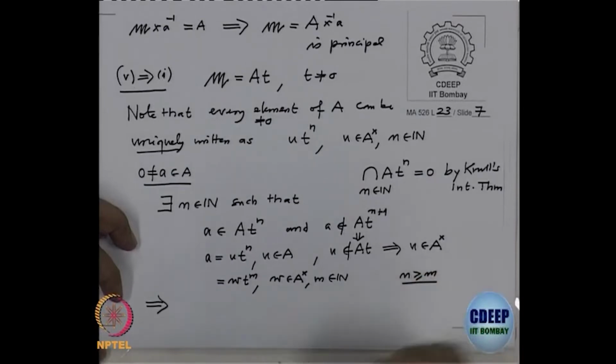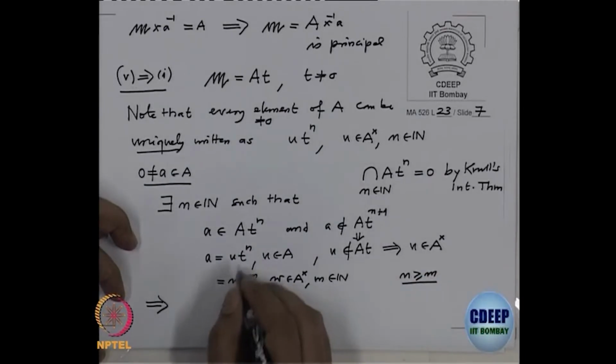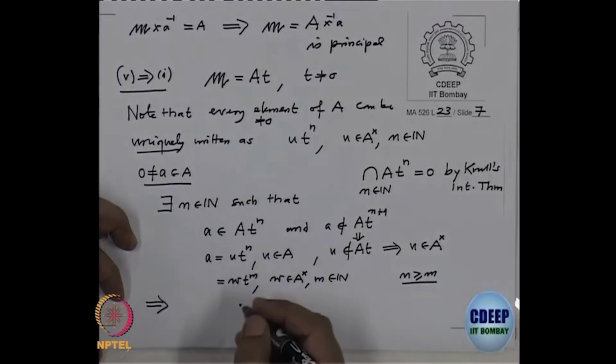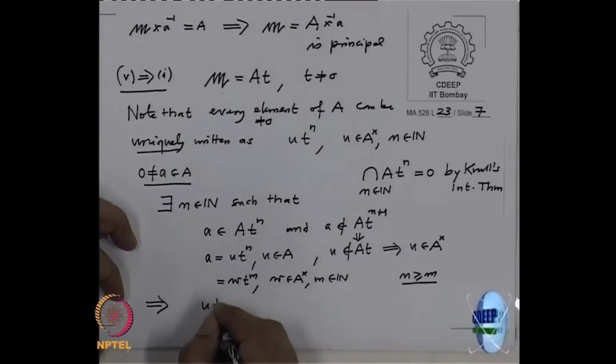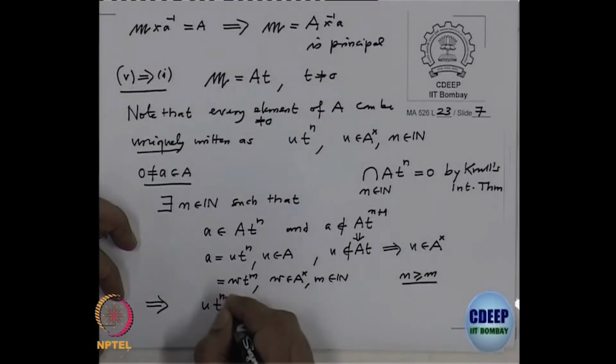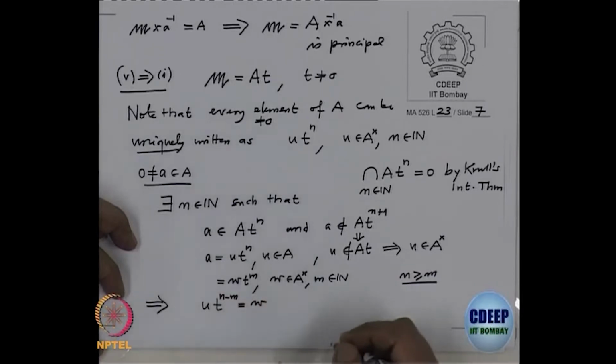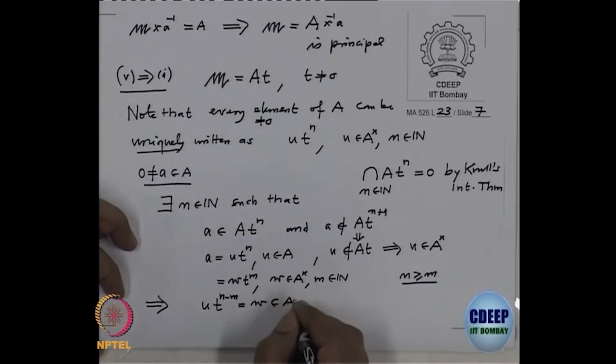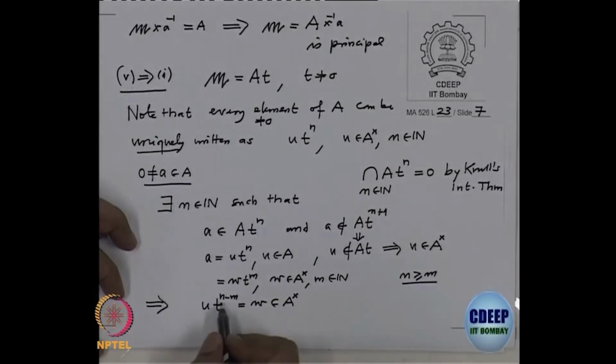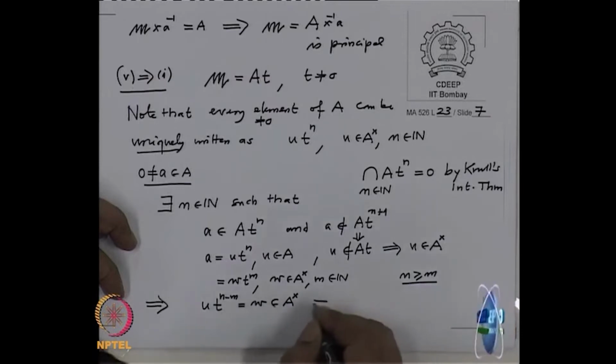Then when you cancel the power of t, u t power n minus m will be equal to w, which is a unit. So, this cannot happen unless n equal to m, because if n is not m, then it is in the maximal ideal.